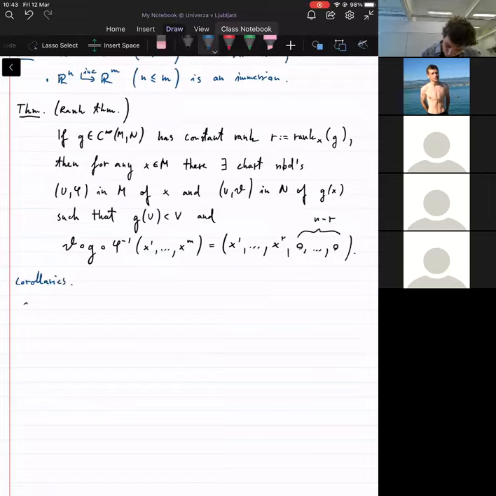So first, the inverse map theorem on manifolds.